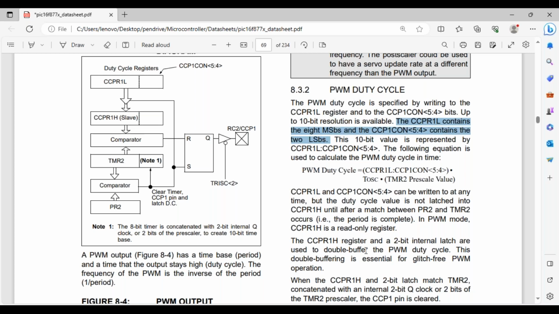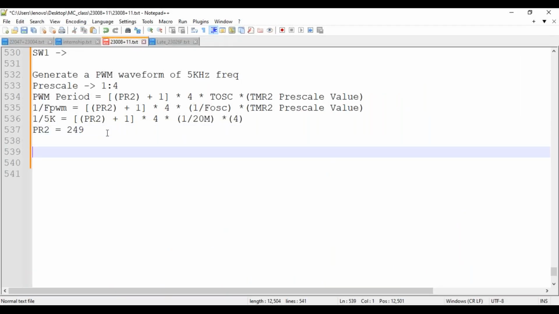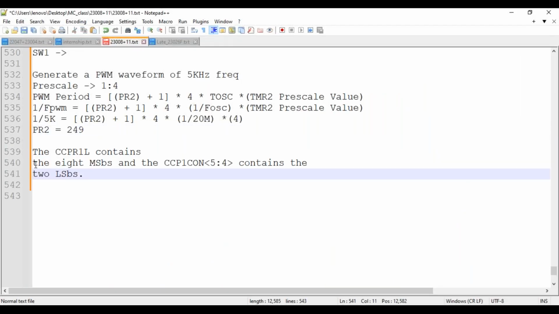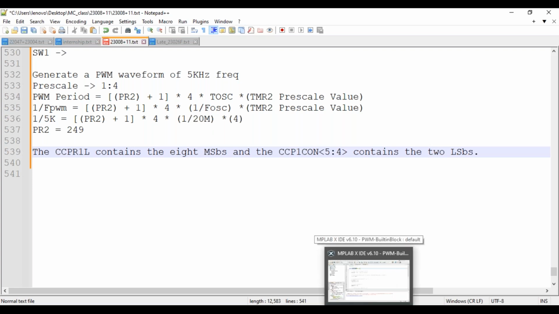Let me copy the statement and have it noted here. Now, I have to find the 10-bit value for a particular duty cycle.